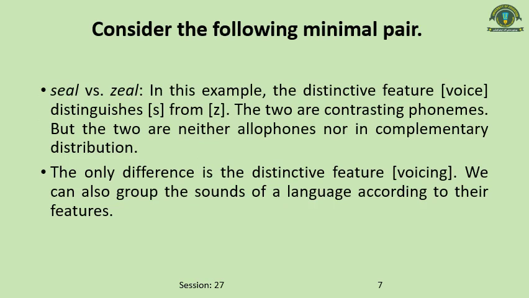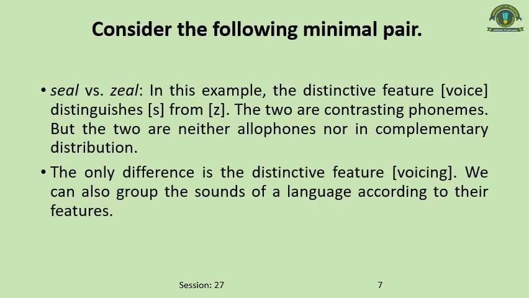Now I want you to consider the following minimal pair. That's interesting because there is something hidden inside the first statement which we have to talk a lot about in the coming session or sessions. For example, the pair of words or the minimal pair is seal versus zeal.